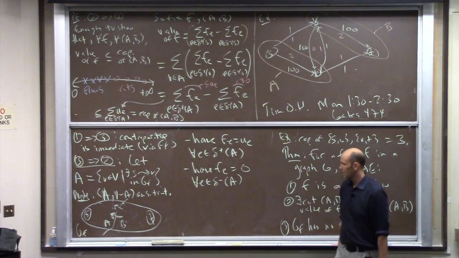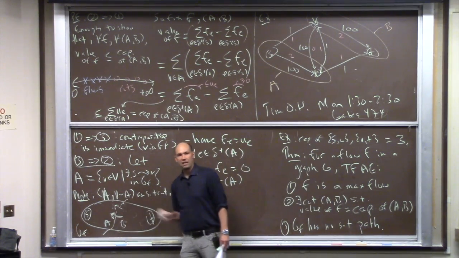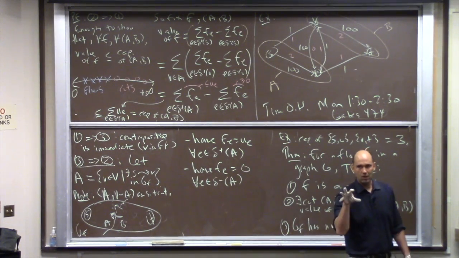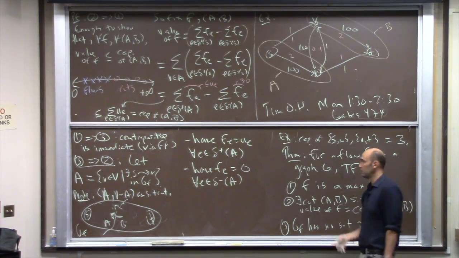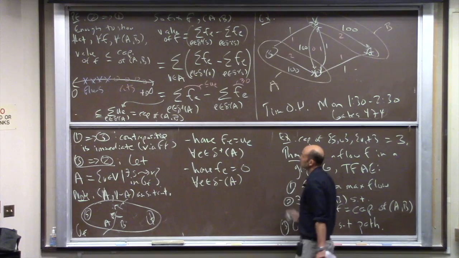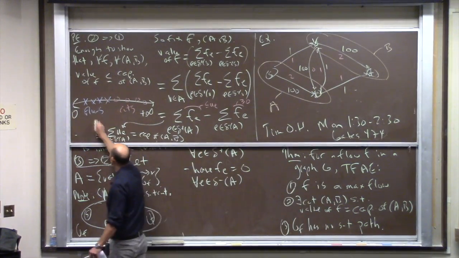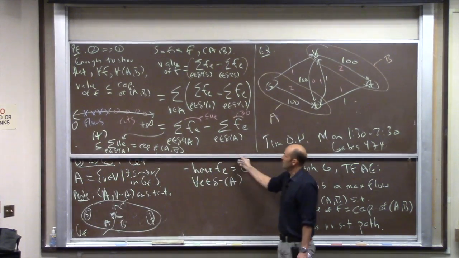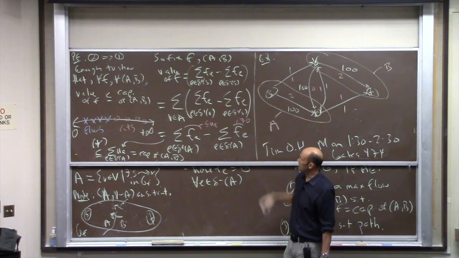So, when we do this breadth first search out of S, we get stuck, and we get stuck at a very special set. We get stuck at a set where all of the edges of the original graph going out are saturated, and all of the edges coming in are zeroed out. What does that mean? If we call this inequality here star, remember, in this derivation, what were the estimates that we used in the inequality?